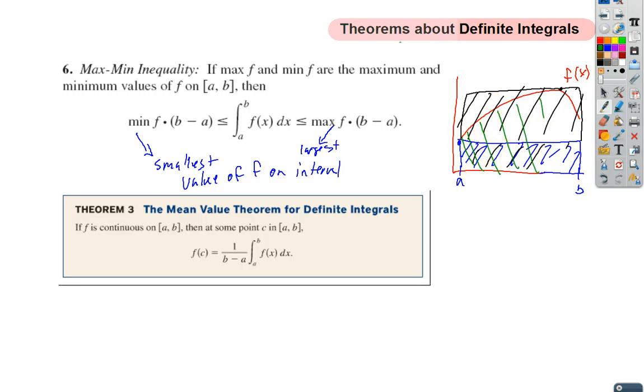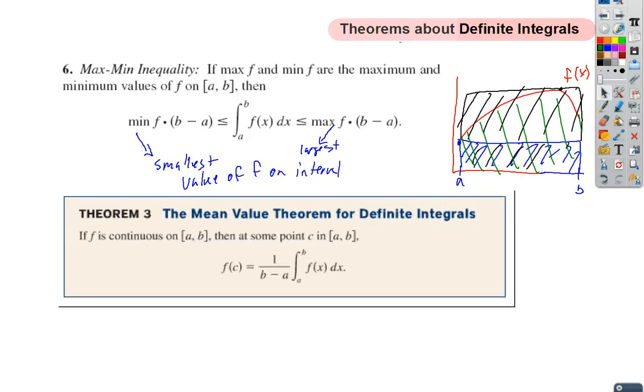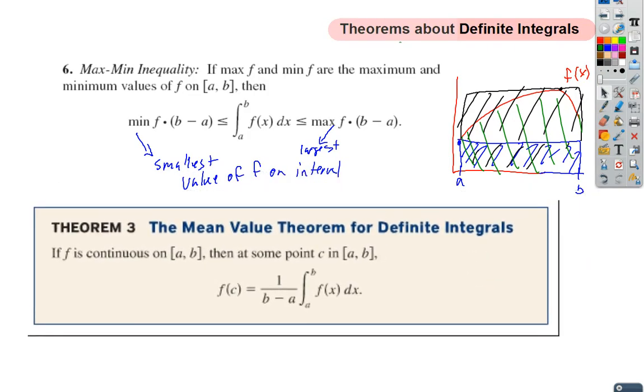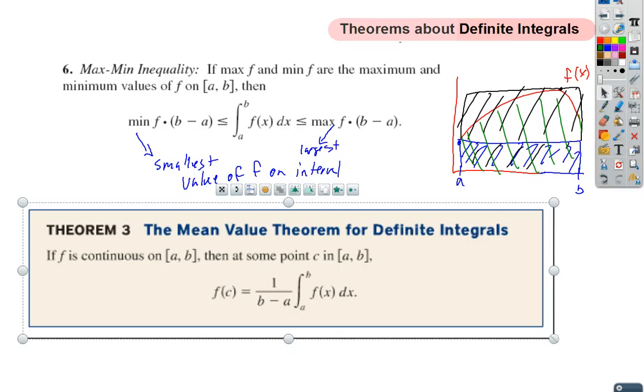So hopefully you're able to see that the minimum one is less than the maximum one, and the real one is in between. That's all it's saying, and that will always be true. And then, of course, we have our mean value theorem, which we talked about just yesterday. If I want to find the average value of a function, I find the area, sum up all the area underneath, and divide it by the interval.